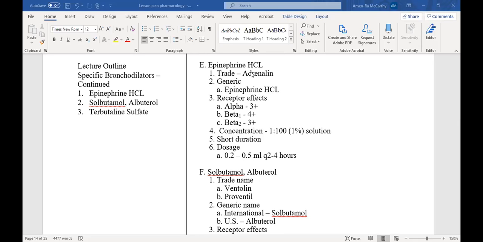Whose law is that? Whose law says if I decrease the diameter by half, I will increase the resistance by 16 times? Henderson-Hasselbalch? No, that's pH.